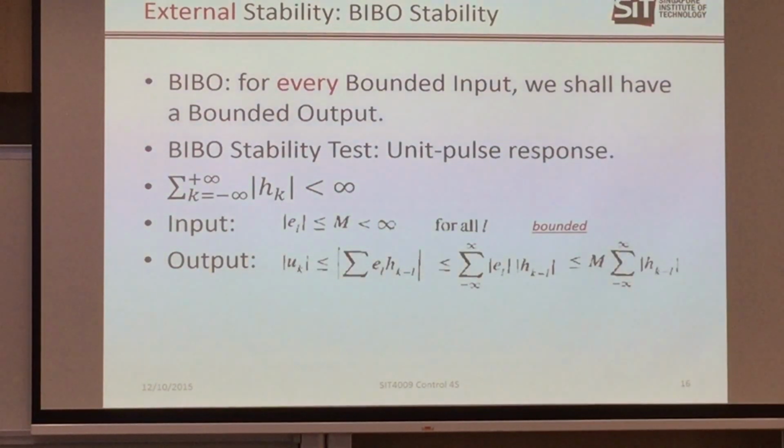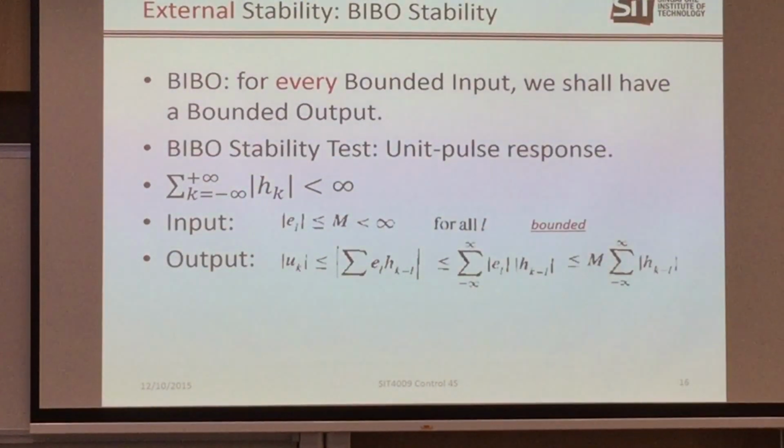The trapezoidal function we studied just now: when your k goes to infinity, it's still T, still a constant value, still less than infinite. But if you sum up all the output signal from time 0 to infinity, you get half T added up everything together, which is unbounded. Then you fail the BIBO condition.